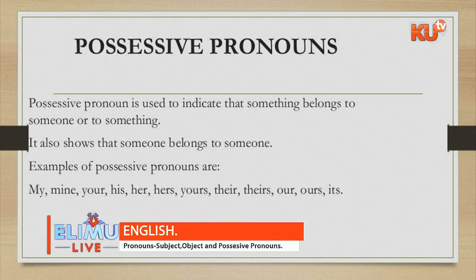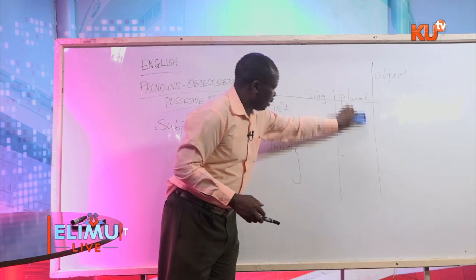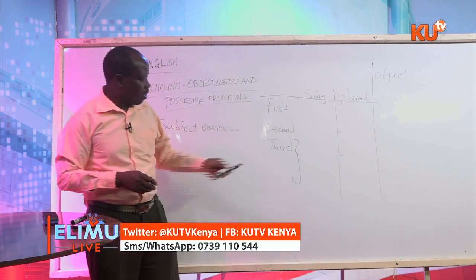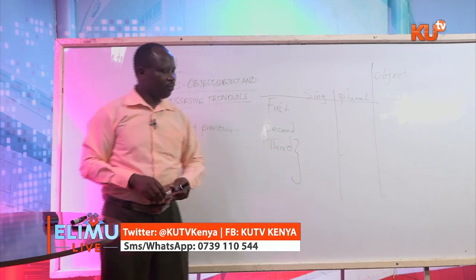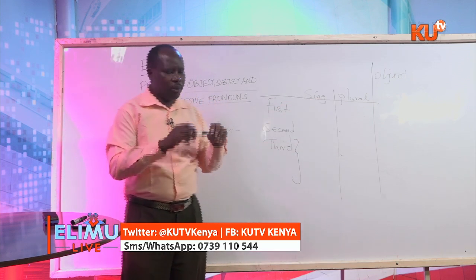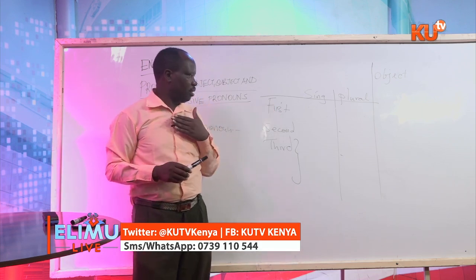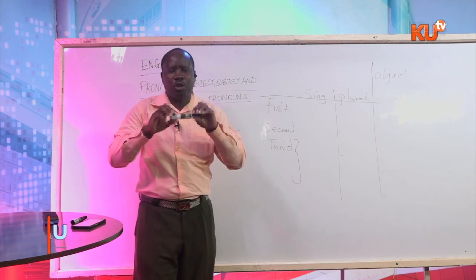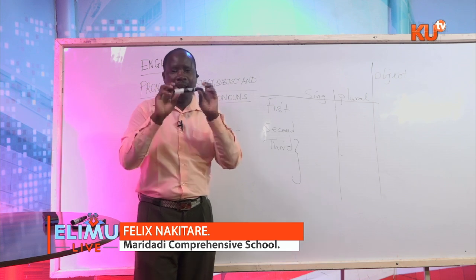We shall start again with first person singular, plural, then second person singular, plural, and finish with third person singular and plural. We want to show possession. First person is me, the one speaking to you. I want to show that something belongs to me, like I have this felt pen.